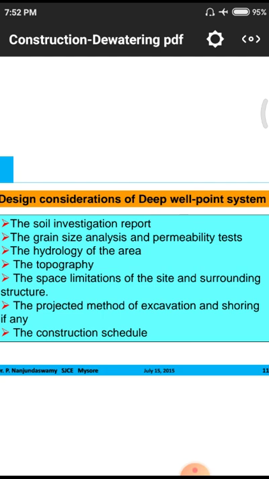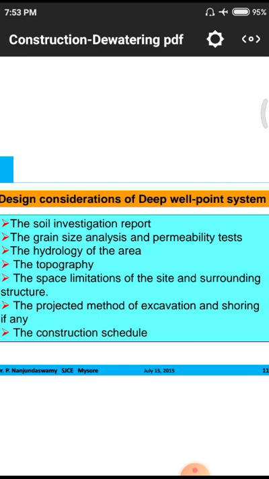Whenever the site is being constructed with a huge amount of construction equipment and mechanisms, there may be chances of cracks appearing in the surrounding structures, so we need to take precautions. So space limitations are also needed for surrounding structures.